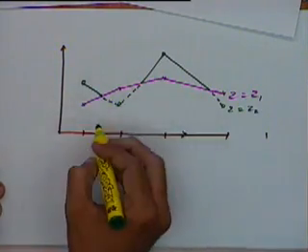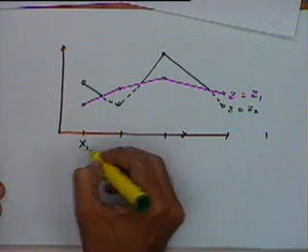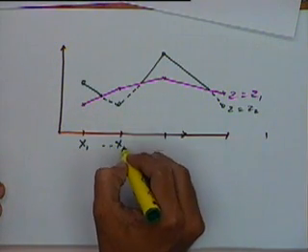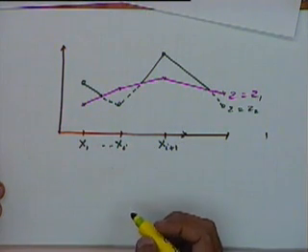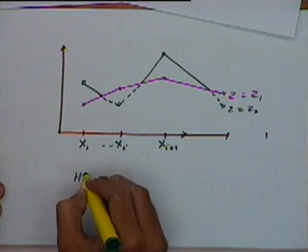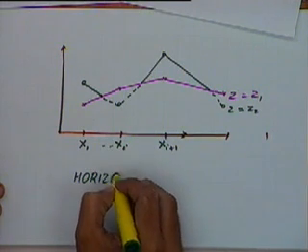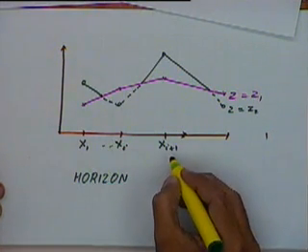So what we will do is, these are the points, let us say this is xi and this is xi plus 1, and we will maintain the horizon at each of these xi's.